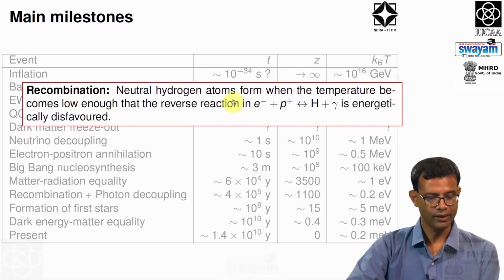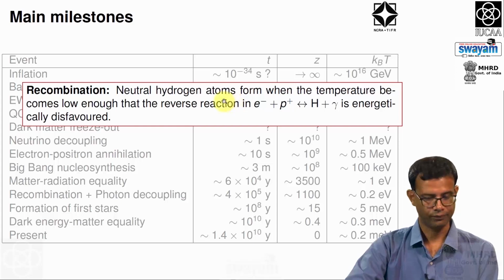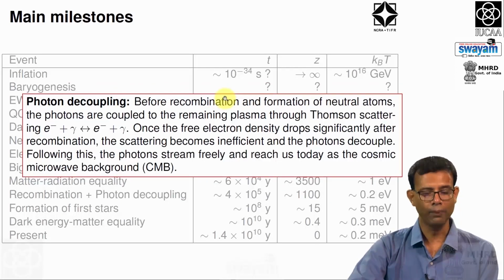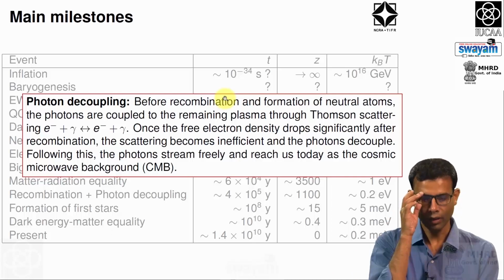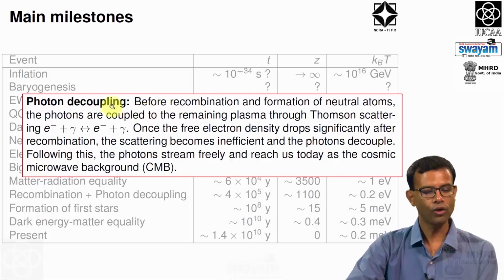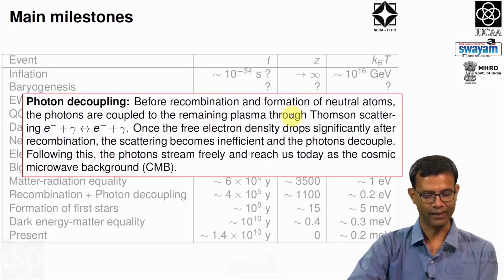That is known as recombination. This is also the time when the photons decouple from matter. Before recombination, the photons are coupled to the electron proton plasma through Thomson scattering.